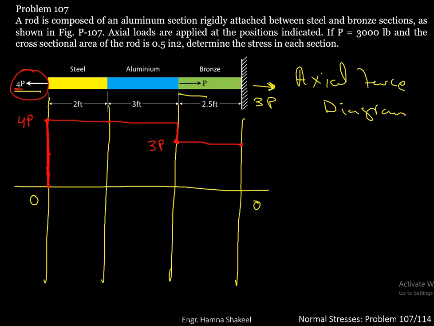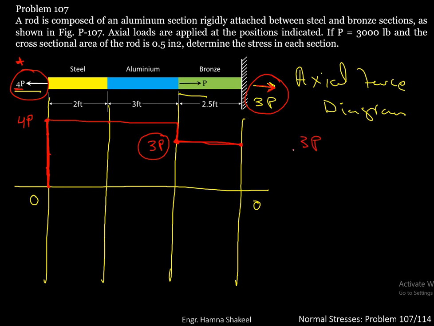Now this is the part where you have a rigid connection. At this rigid connection, you have a reactive force of 3p acting in the rightward direction. Because we are taking the left direction as positive, we will take the right direction as negative. So you have got a 3p force acting here on bronze, and you have a 3p force acting here on the rigid connection in the opposite direction.